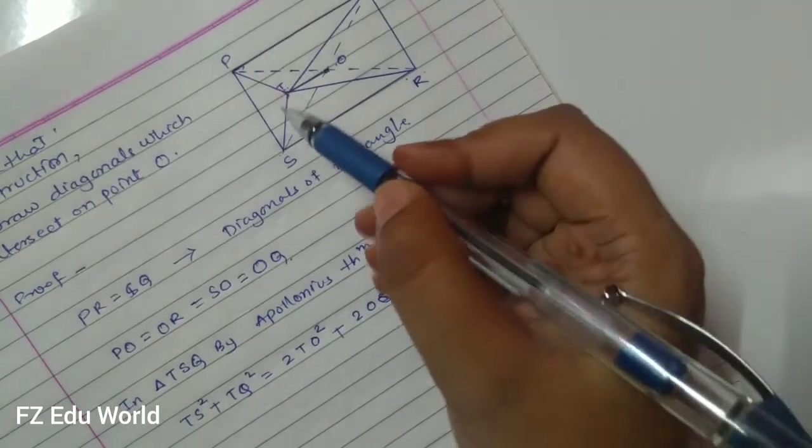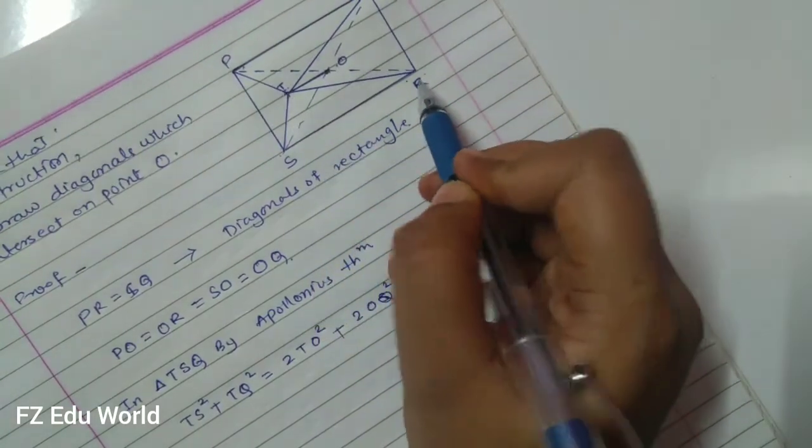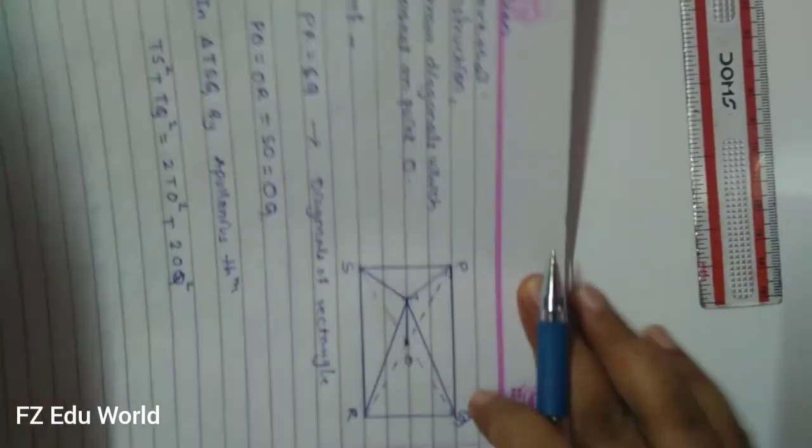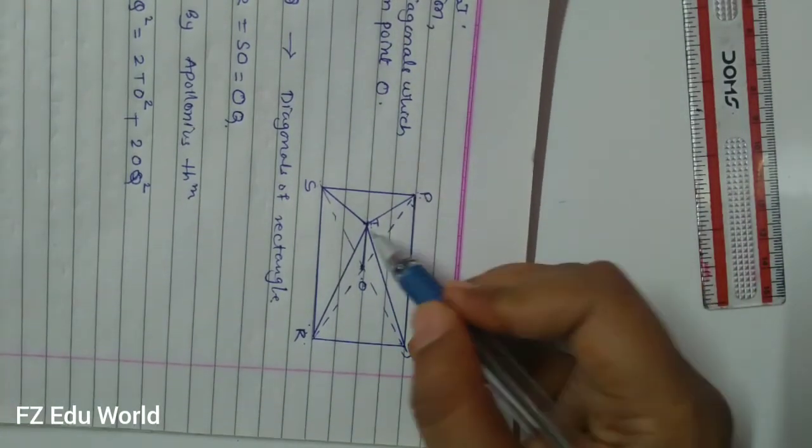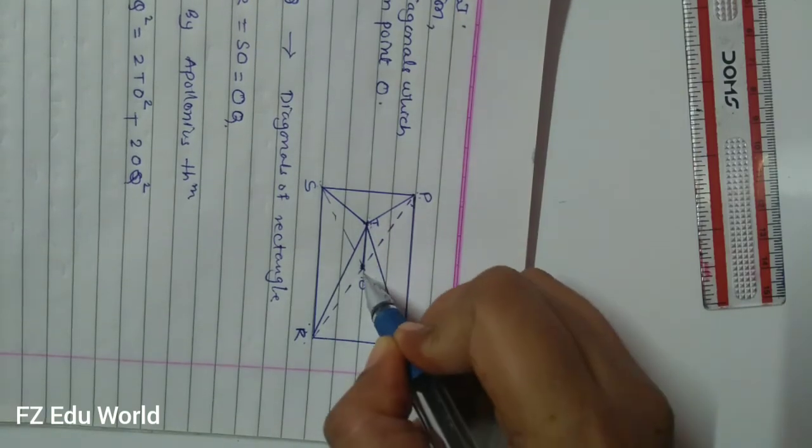Now in another triangle, that is TRP, we can take Apollonius theorem. This TO is the median.